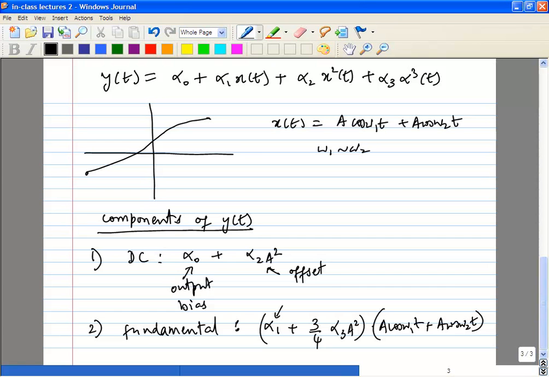Ideally you want only alpha 1, and the other term is not your third order intermodulation product, it's your compression or expansion, depending on the sign of alpha 3.